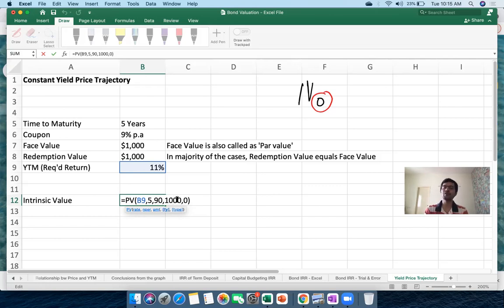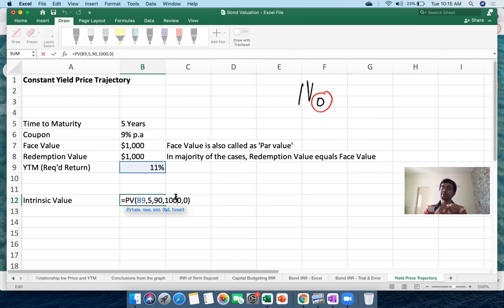The fifth one, which is 0, is not really an input. It is always implied that the cash flows are received at the end of each period. So there are 4 main inputs. If you see, $90 of coupon and $1,000 of redemption value are never going to change over the life of the contract.